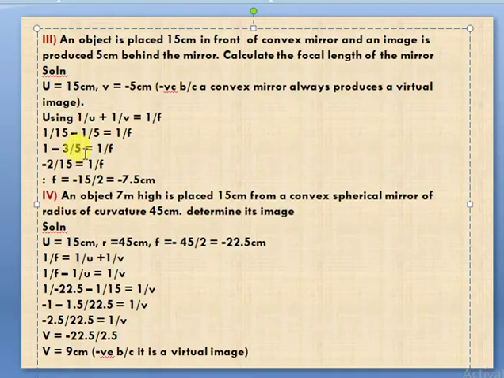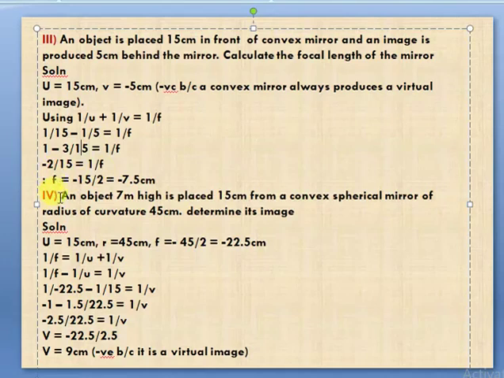What is our LCM? Our LCM will be 15. So 15 into 15 will give me 1. 1 times 1 is 1, minus 5 into 15 will give me 3. Then 3 times 1 is 3, is equal to 1 over f. Now 1 minus 3 will give me minus 2 over 15. So minus 2 over 15 will give me 1 over f.